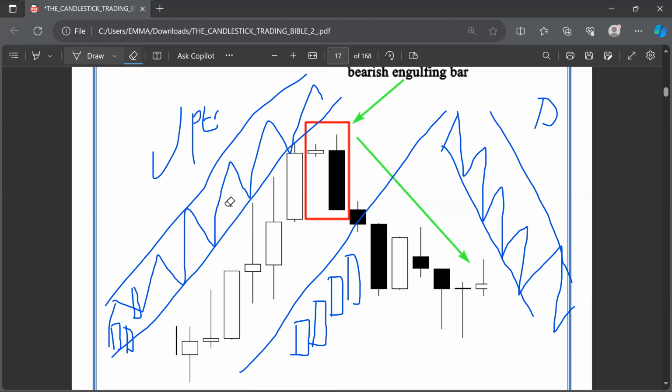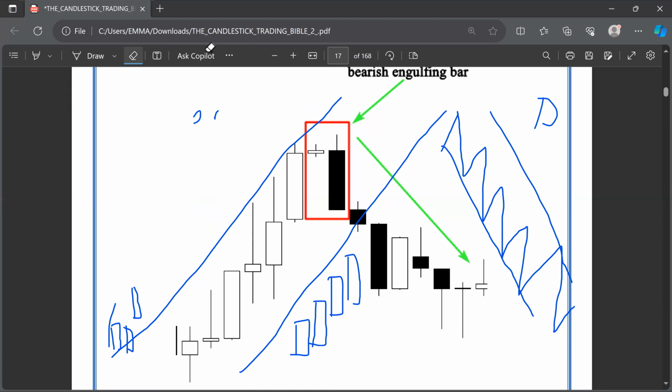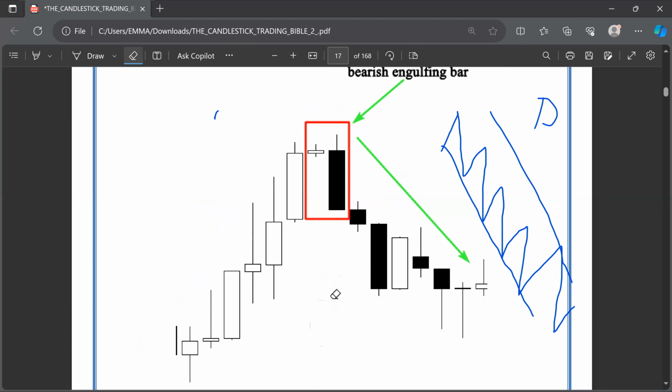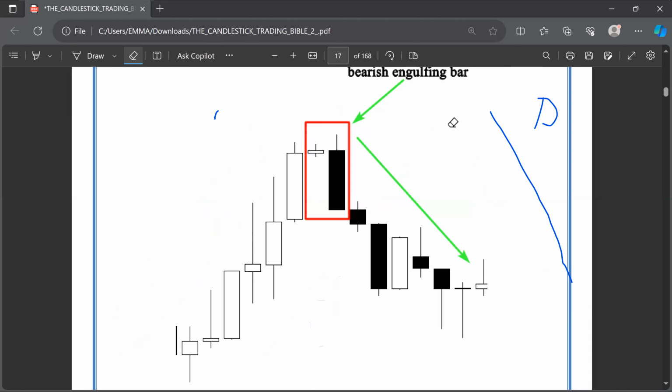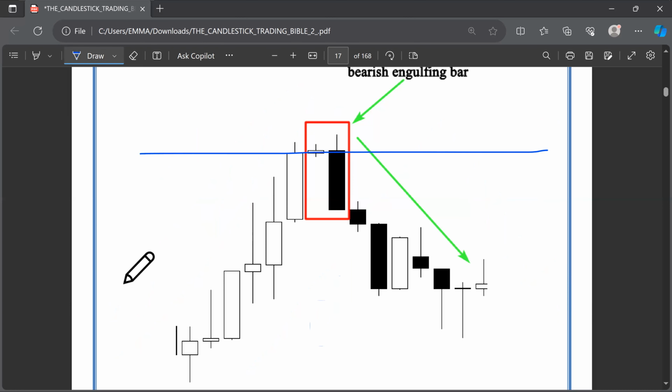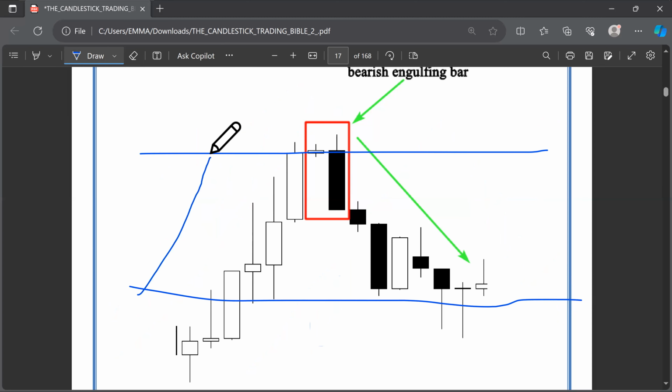Now the third one is what is called a ranging market. The market is just ranging. It is not moving too up or too down. It's moving within some boundaries. So the market will be like this: it moves there, gets here, bounces back.